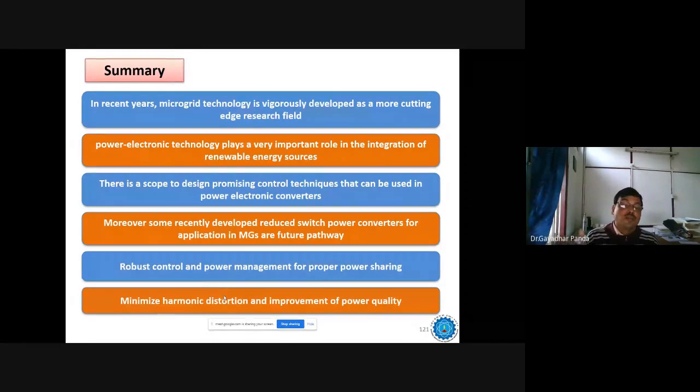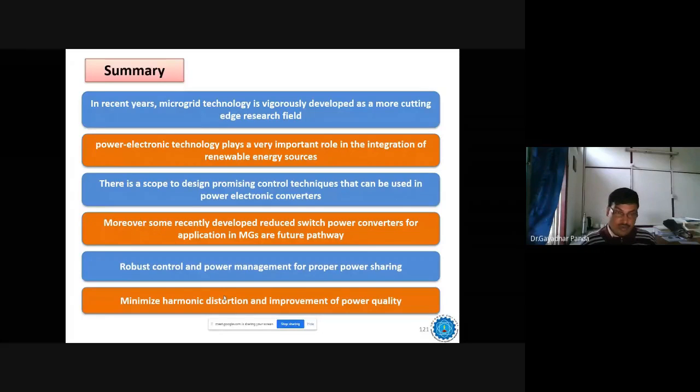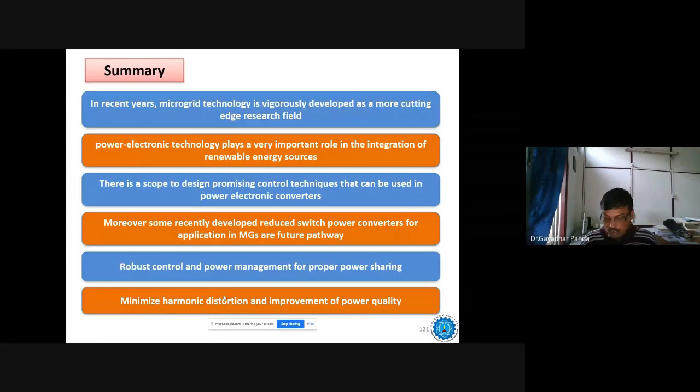Then the second part, we talked about power quality improvement or harmonic elimination using active power filters. And the third one is the seamless transition of the microgrid between grid connected mode and off-grid operation, by developing fast islanding detection or an advanced control strategy. You can go for the synchronization technique also. All those things are there. So we have discussed, and a few research articles are here. You can see.